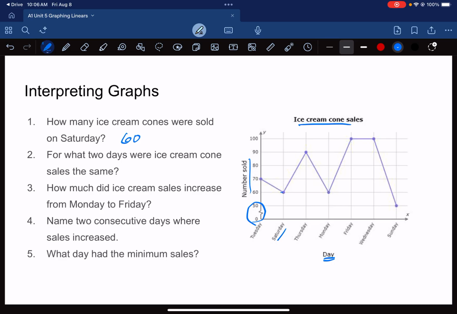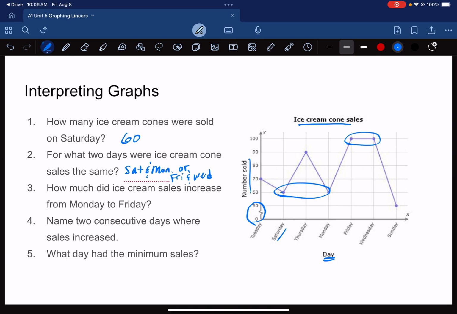It looks like Saturday and Monday had the same sales. Or if you look, it says Friday and Wednesday. So you could choose either one of those pairs there.